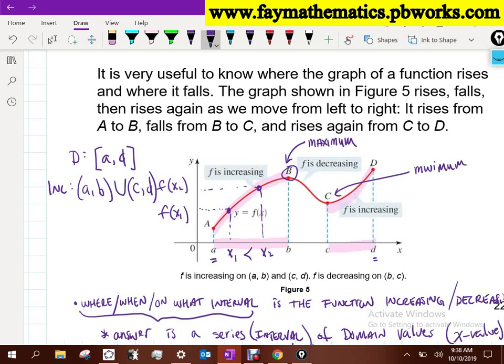You need to union them, okay? And remember what that means. It means that I am increasing in all of those intervals. Our y values are portraying that behavior. Okay? So what then is happening here? Decreasing, right? So we're decreasing between B and C.